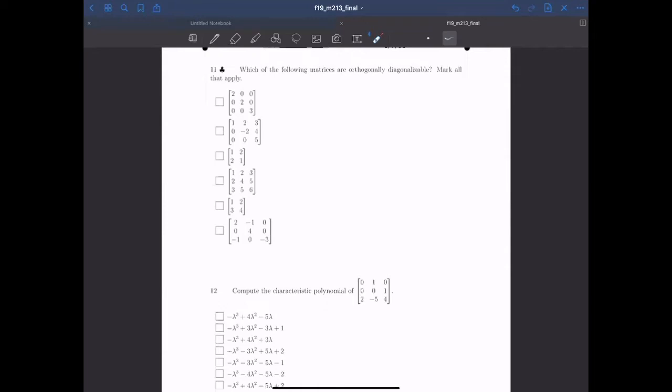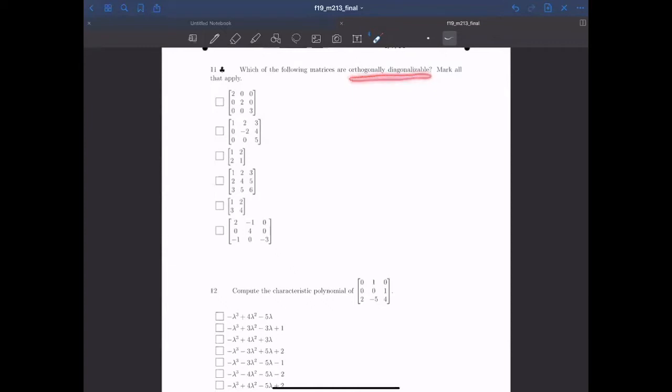In other words, the number of eigenvectors you get. If this question were just asking which of the following matrices are diagonalizable, there might be some work involved in finding eigenvalues, finding eigenvectors, and making sure those multiplicities match. Is our life made any easier or more difficult by the fact that we're asking for orthogonal diagonalization?